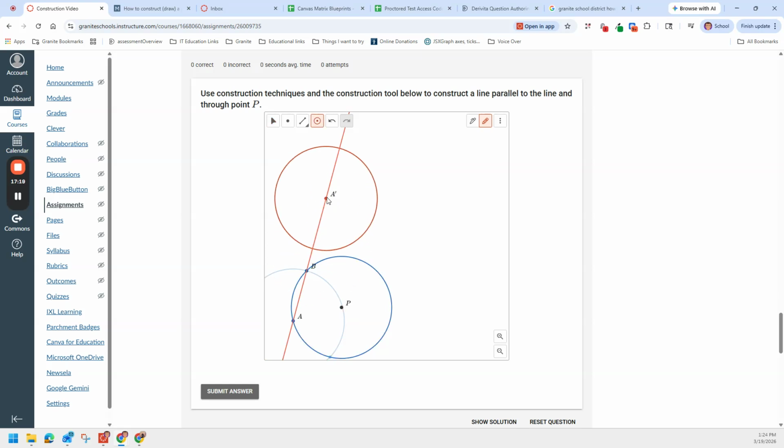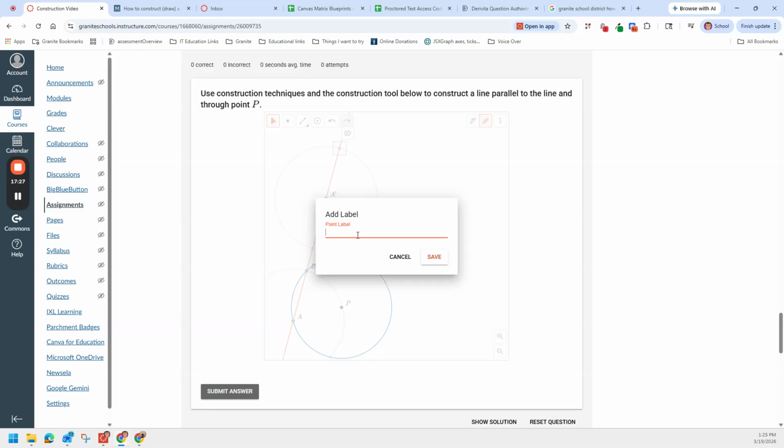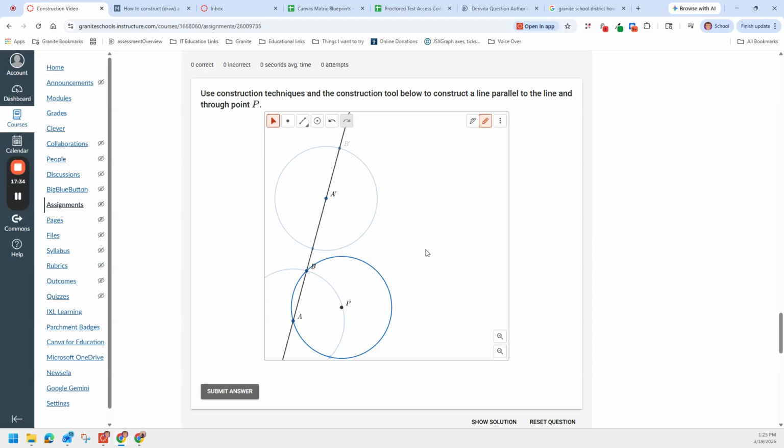I'm going to copy that circle up here. So now where this point is, that's going to be my B prime. It is the exact same distance away from A prime as B is from A. So now these 2 points are the same distance apart as those 2 points are.